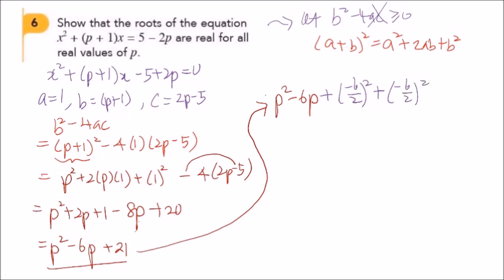If you've forgotten how to do completing the square, please visit the earliest video I've done. So this will give you p minus, okay, negative 6 over 2 is negative 3, so we simplify negative 6 over 2 to be negative 3, squared. This one you can just use a calculator to work out.